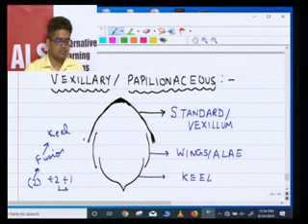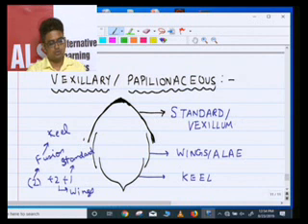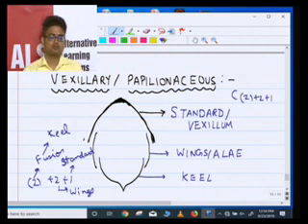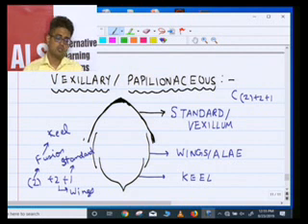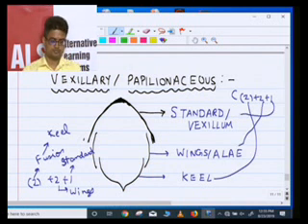This represents wings, and this represents the standard petal. So when we write the floral formula, we write C 1 plus 2 plus (2), or (2) plus 2 plus 1. This is for keel, this is for wings, and this is for standard.